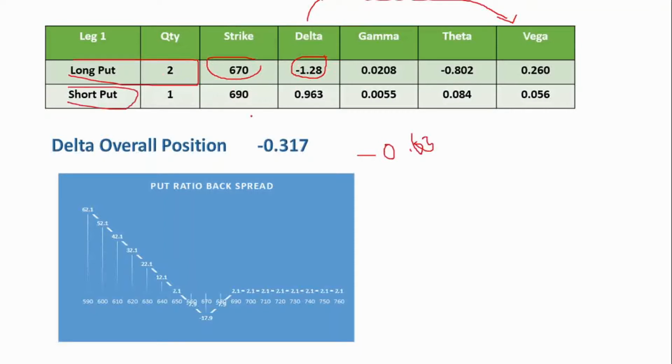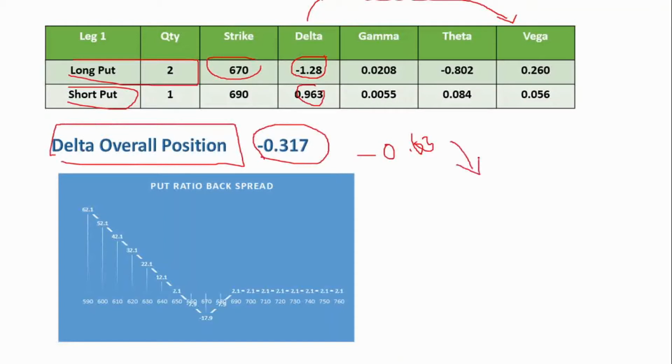The short put delta would be 0.936. So the overall delta position would be minus 0.317, which means for every 1 rupee fall in the underlying asset, the premium will increase by 0.317. Let me explain what delta is.